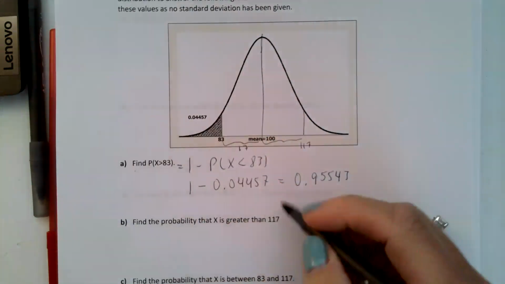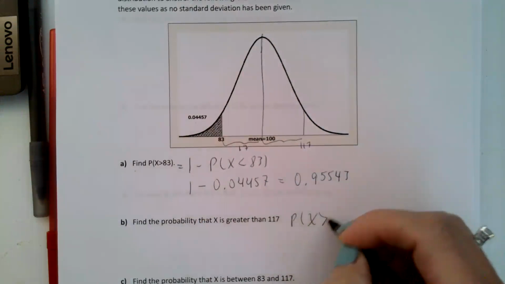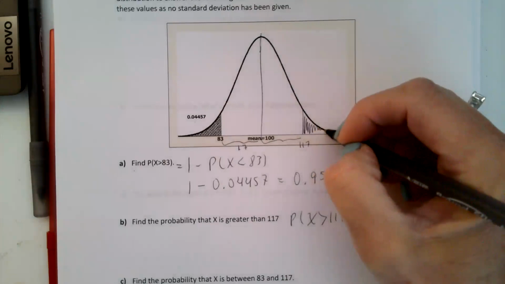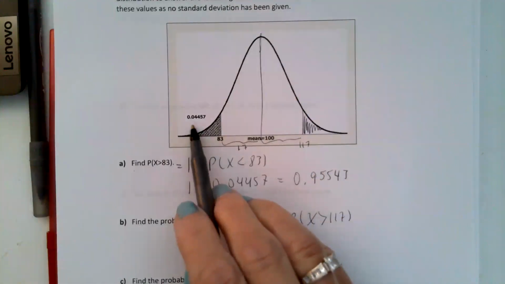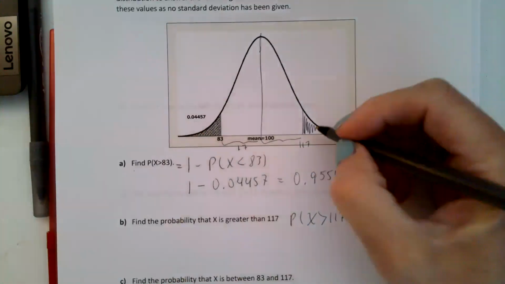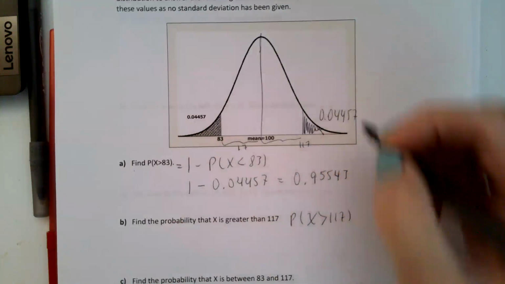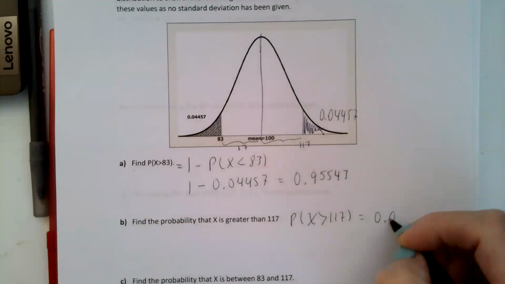So the probability that X is greater than 117 is this space right here, which matches the space that's less than 83.